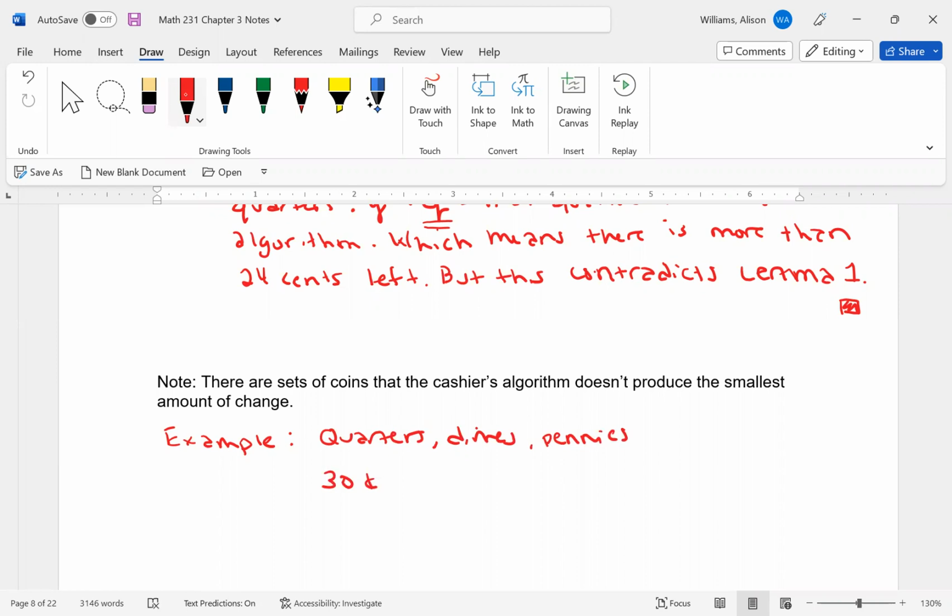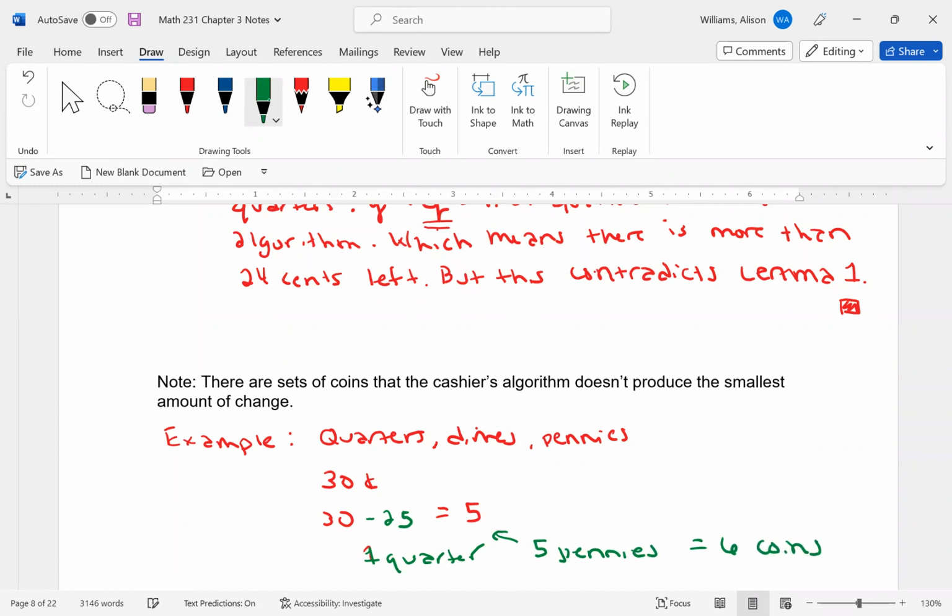Okay. Using the cashier's algorithm, here's what it's going to do. It's going to start with the quarters, right? It's going to subtract out 25 cents, leaving me with 5 cents. I can't use any dimes, so the rest is pennies. So that uses 1 quarter and 5 pennies. That's 6 coins.